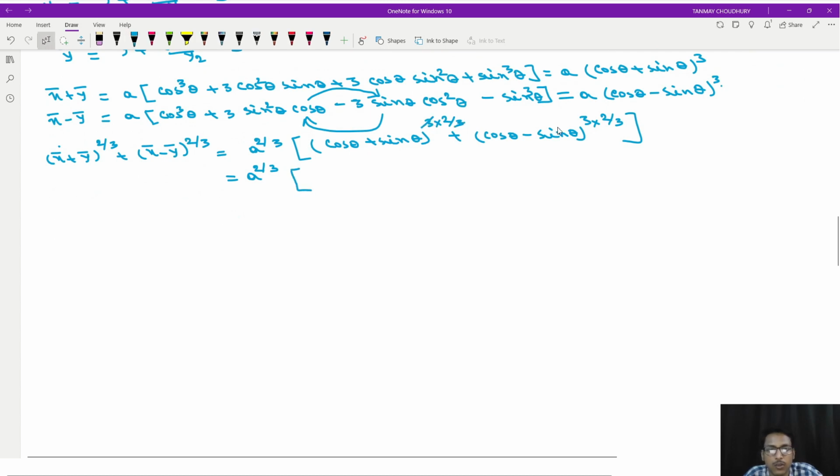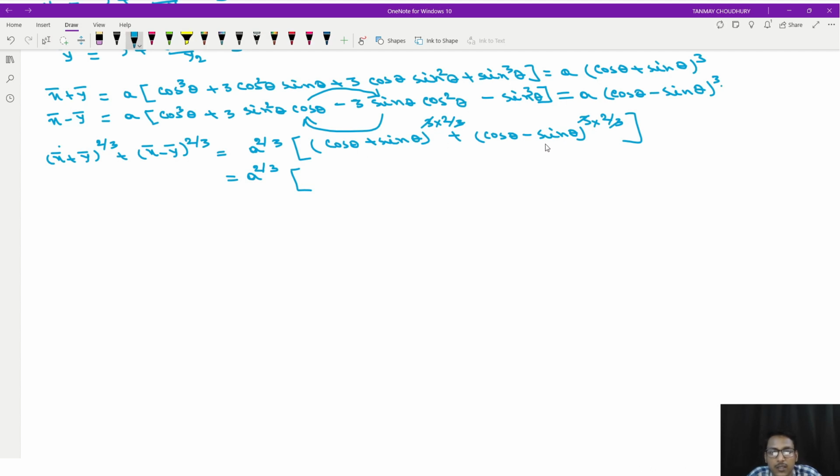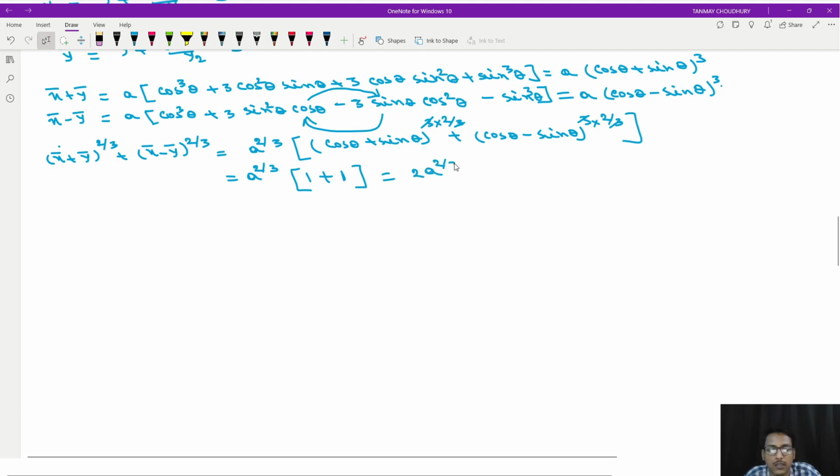So this is simply square, this is also square. So cos² θ plus sin² θ will be 1, plus sin² θ plus cos² θ will be 1, and the twice every term will get cancelled out. So this is simply twice a to the power 2/3.